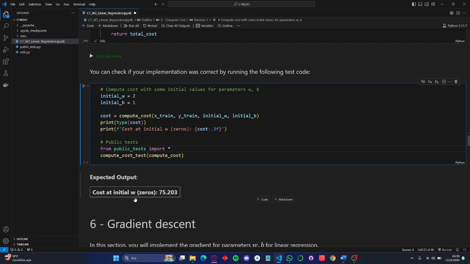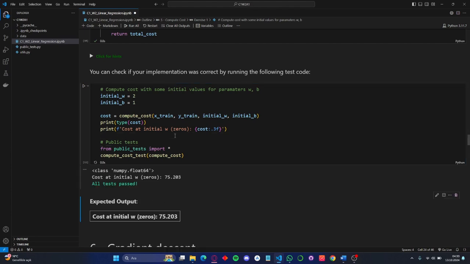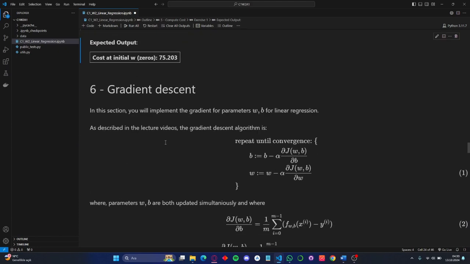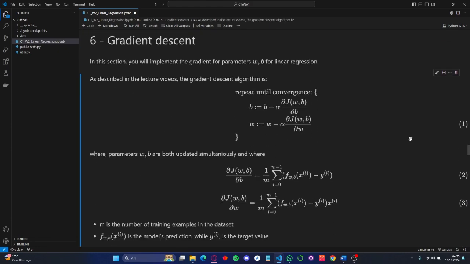Yes, the test passed with initial w zeros like that. For gradient descent, we repeat the update until we reach optimum results. Alpha means the learning rate, and we update b as b minus alpha times the derivative of the cost function with respect to b.